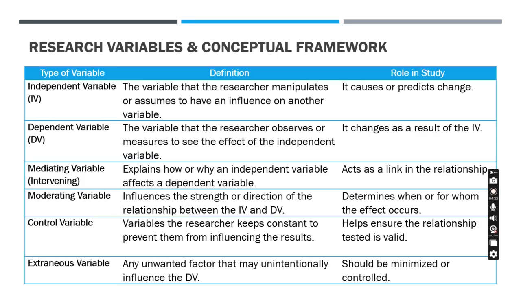Maybe gender: male and female experience trauma in different ways. If you talk about the education level, educated people and non-educated people could also differ. So you need to keep the control variable constant in order to prevent it from influencing the results.